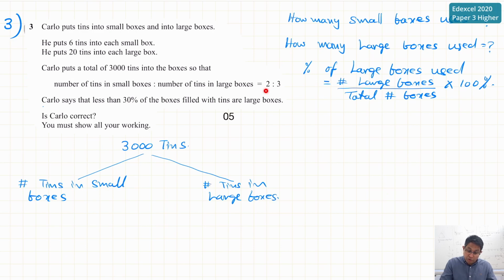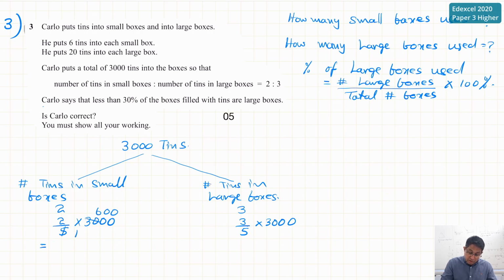As we know this ratio is 2 to 3, we can write this as a fraction, that is 2 over 5. And this we can write as a fraction, that is 3 over 5. If you times these two fractions by the total number of tins, you can work out tins in small boxes and tins in large boxes.